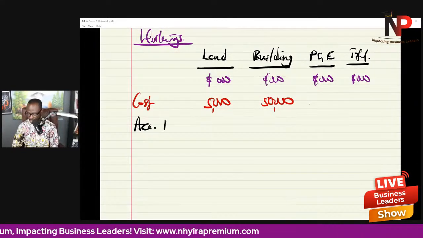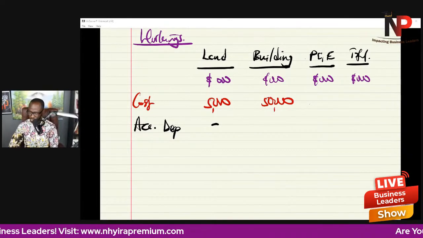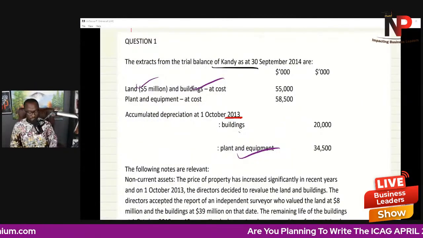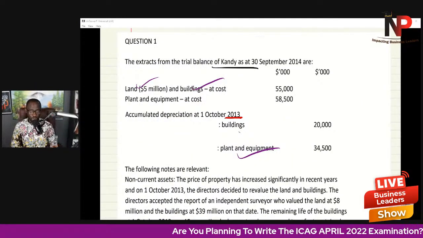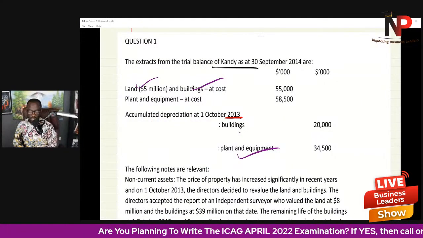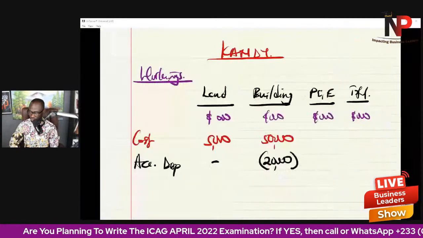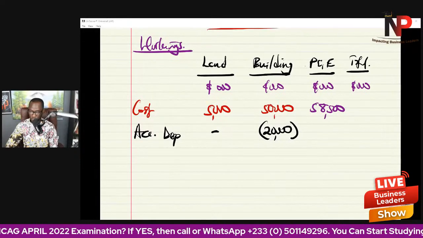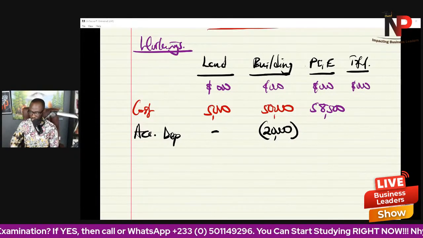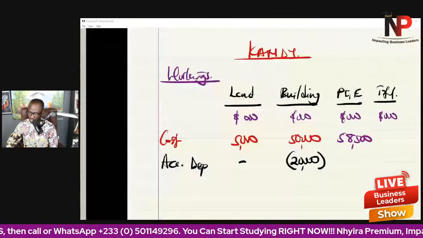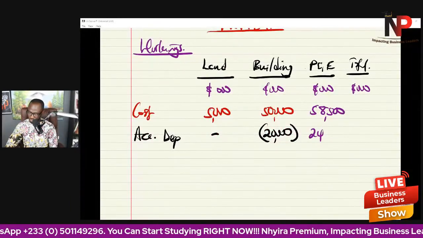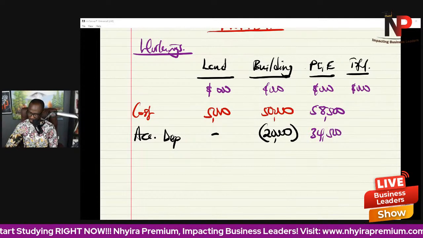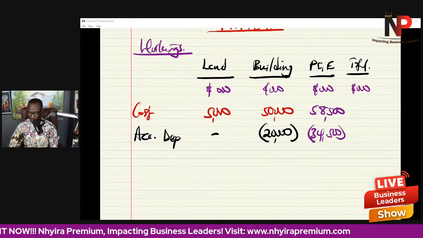So accumulated depreciation. Land is not depreciated, but the building will be brought here. Then plant and equipment at cost is also 58,500, but there's an accumulated depreciation on that of 34,500. So we less that as well.